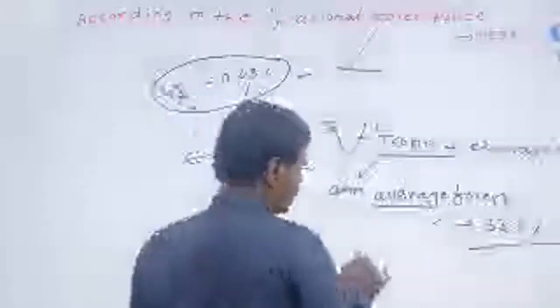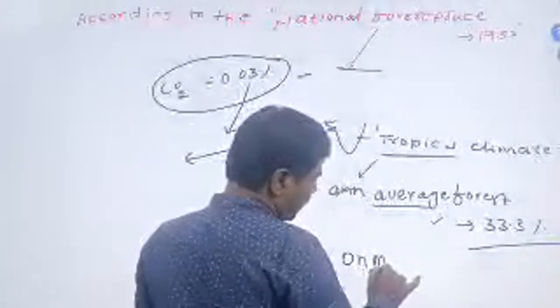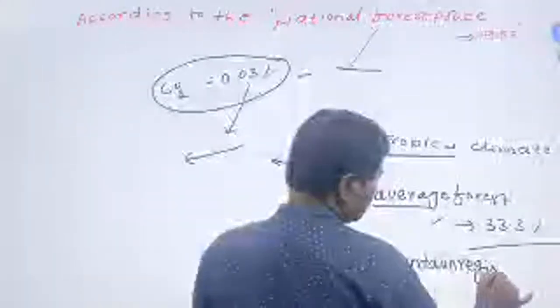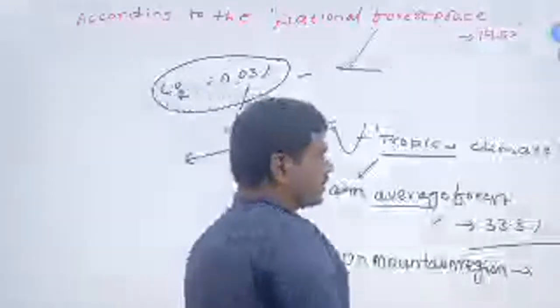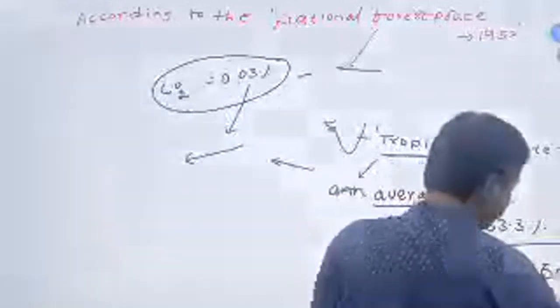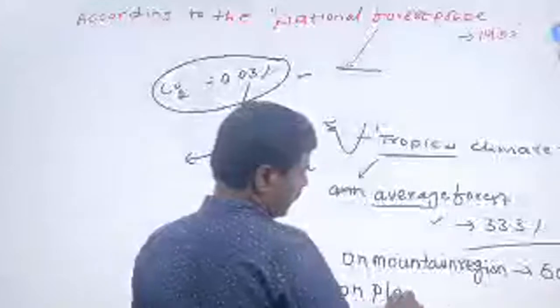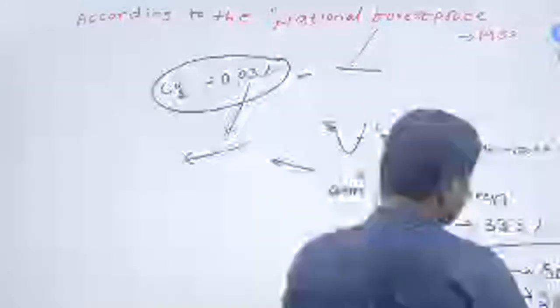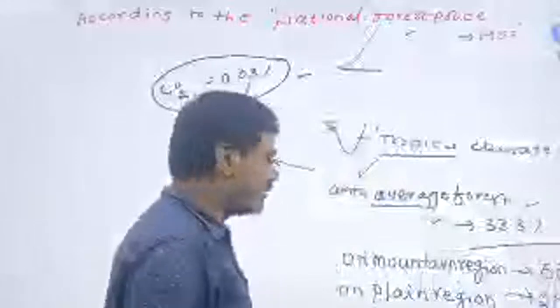Next, on the mountain region, an average forest area of 60% is compulsory. On the plain region, according to the forest policy, we require an average forest area of 33.3%.